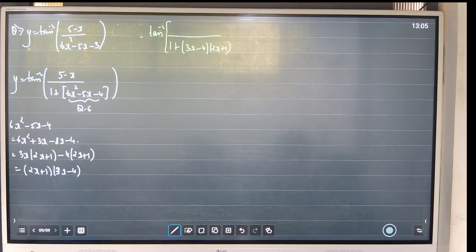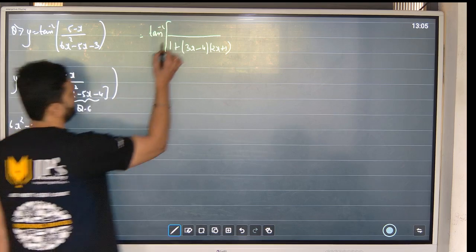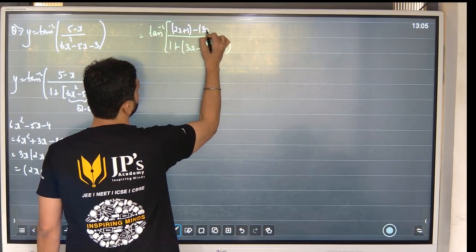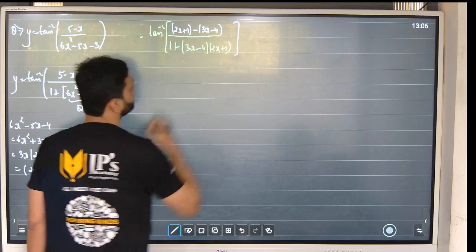See, that is AB, and below there is plus, so above what should come? A minus B. So subtracting one from the other, I'll get 5 minus x: (2x plus 1) minus (3x minus 4). Did you guys understand this?